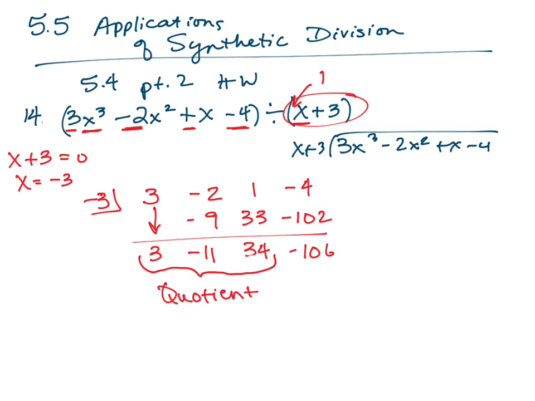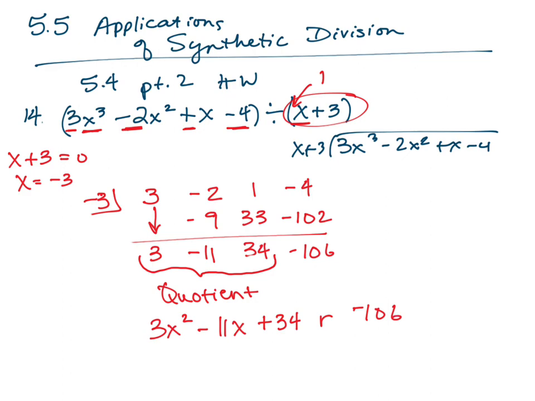So this 3 goes on an x squared term. We drop down a degree from what we started with after we've divided. Remember, this synthetic division is still division. So we're dividing by x, we get down to x squared. Are y'all good with that? Minus 11 what? X, good, plus 34, with a remainder of negative 106.